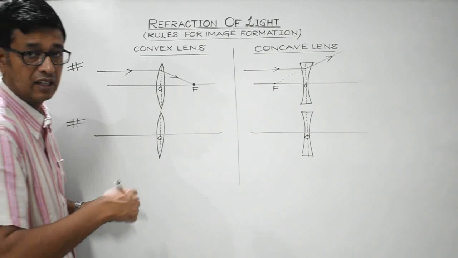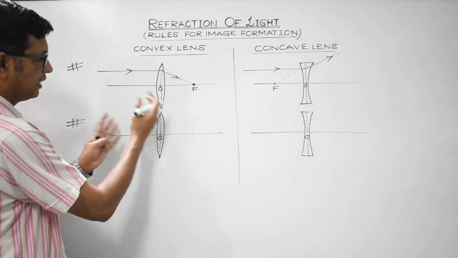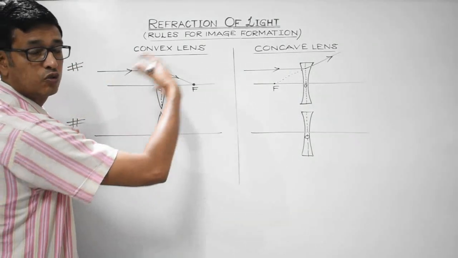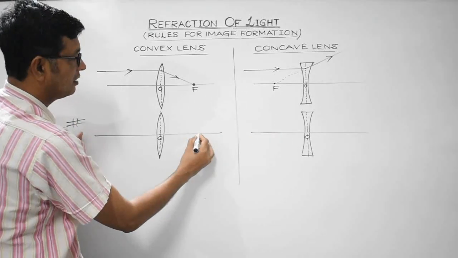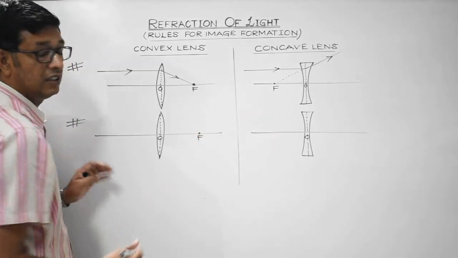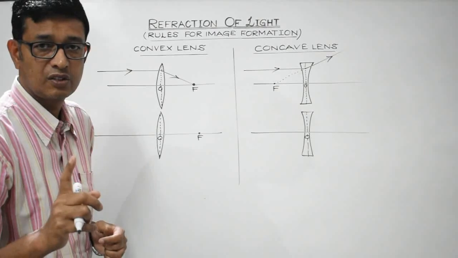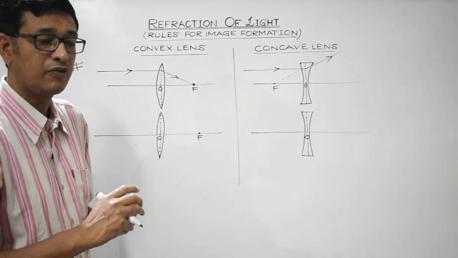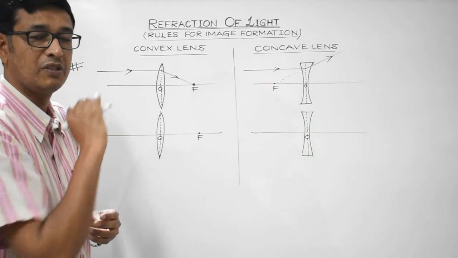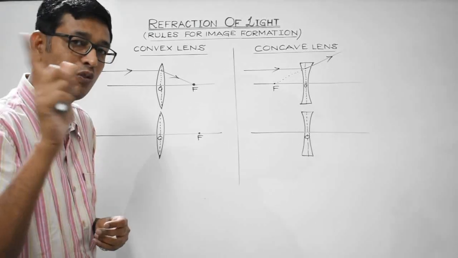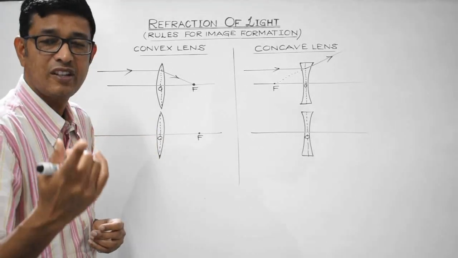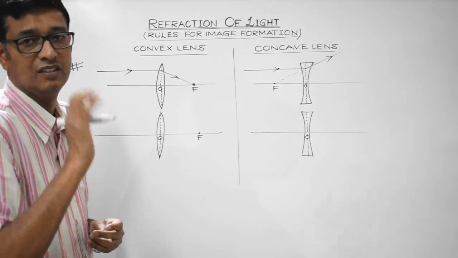As I have told you, again I am repeating, if the object is placed on the left hand side, then its focus will be on the right hand side. That is, its focus is real. In the case of lenses, students, whenever the image is formed on the other side as that of the object, then the image can always be obtained on the screen, and in such a case, the image is said to be real.